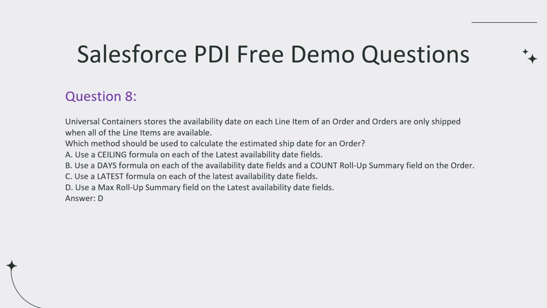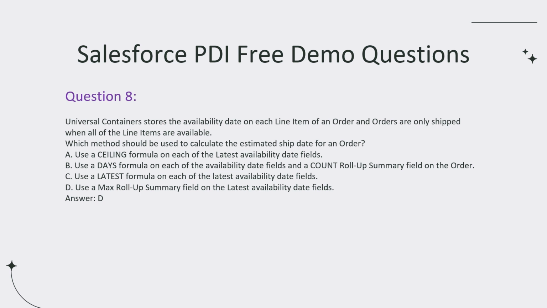8. Universal Containers stores the availability date on each line item of an order, and orders are only shipped when all of the line items are available. Which method should be used to calculate the estimated ship date for an order? A. Use a ceiling formula on each of the latest availability date fields. B. Use a days formula on each of the availability date fields and a count roll-up summary field on the order.